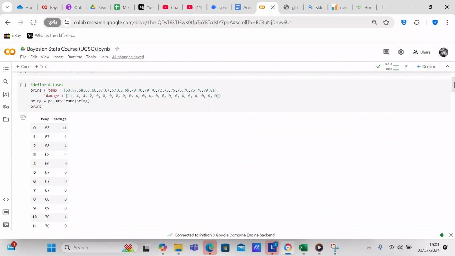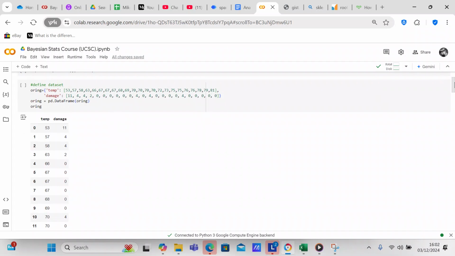So the first thing we're going to do: if you can find a CSV file, you can import it, but I could not find a CSV file that did what I wanted. I'm taking a Bayesian statistics course on YouTube, and since it's a small data set, it only has 23 rows by 2 columns, I just made a file.